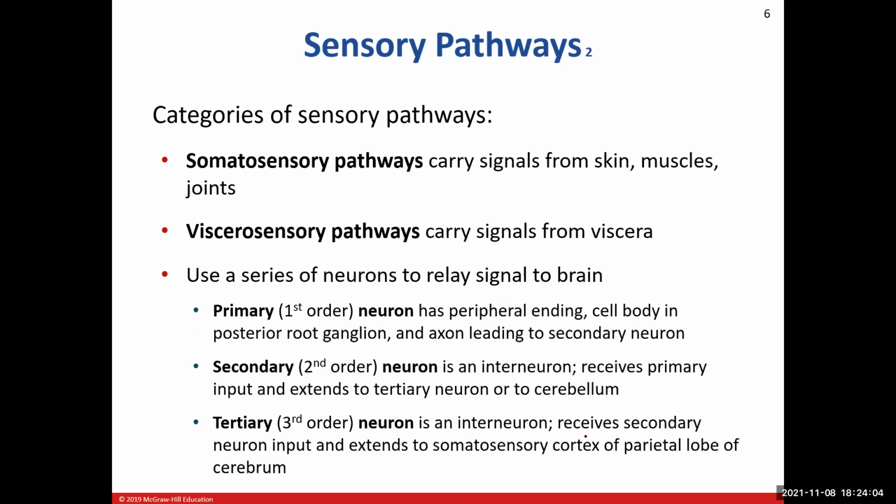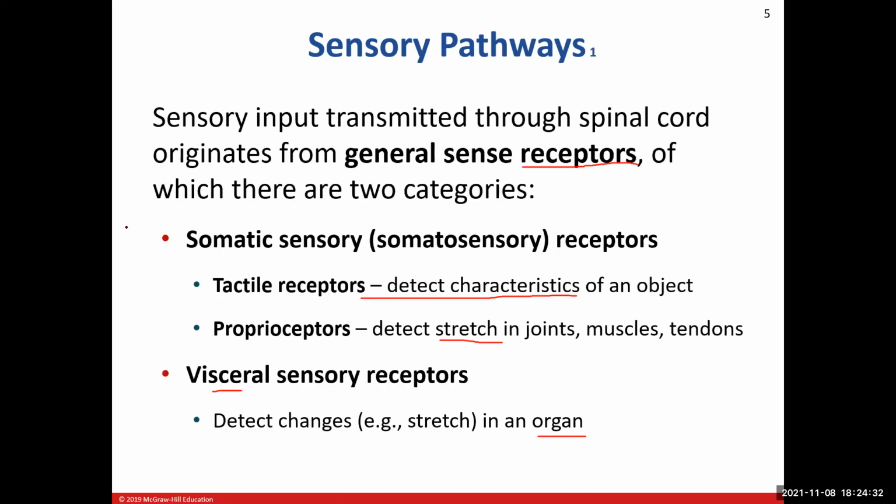All right, so let's start off with our sensory pathways here. Remember what I was saying, we have two types, the somatosensory and the visceral sensory. Think of the somatosensory as information that you can pretty much consciously perceive. That signal information will originate either in the skin or in the muscles or in the joints. Remember what we said for somatosensory pathways: we have those tactile receptors, located all over the place, predominantly in the skin.